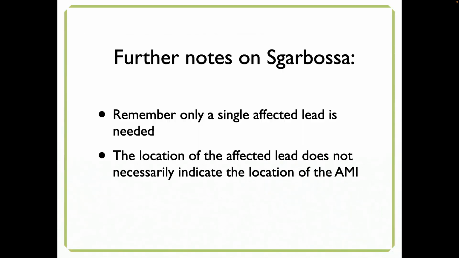Further notes, remember only singles needed. The location does not necessarily indicate, so when you're calling it in, if you have Sgarbossa B, don't say anteroseptal, just say, I have Sgarbossa criteria in V2, and be prepared to explain what you're talking about, because they might say, what does that paramedic know about Sgarbossa?